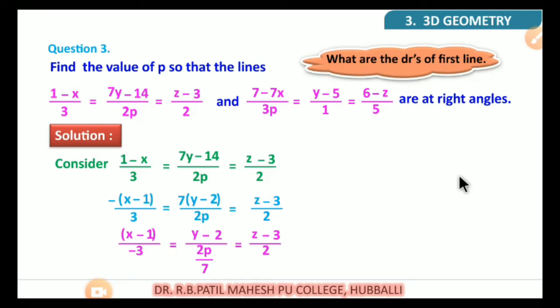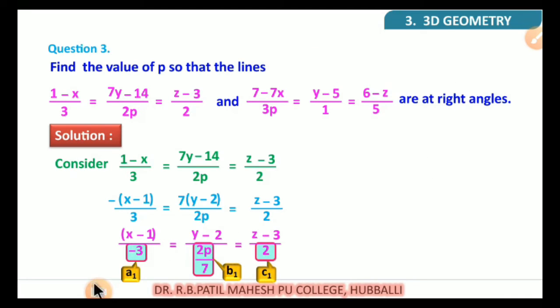So this is the standard form of the first line. So what are the direction ratios of the first line here? Minus 3 is a1, 2p/7 is b1 and 2 is c1. So these are the direction ratios of the first line.